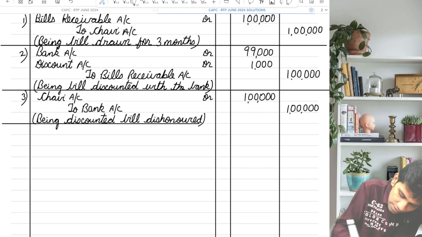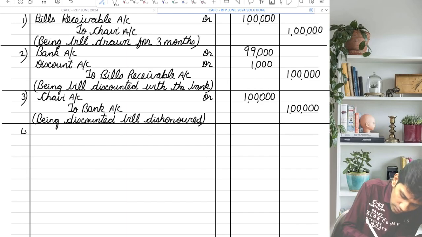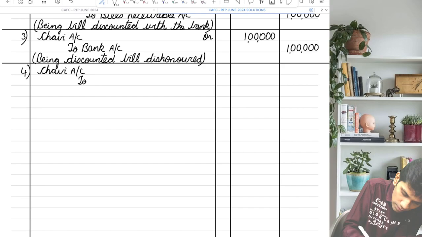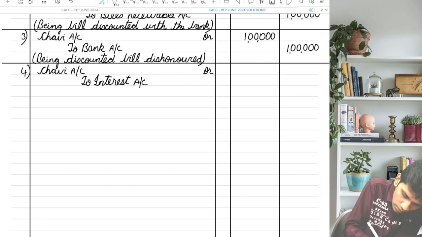Next step is interest. Will charge interest to drawee. So Chavi account debit to interest account. Being interest charged.